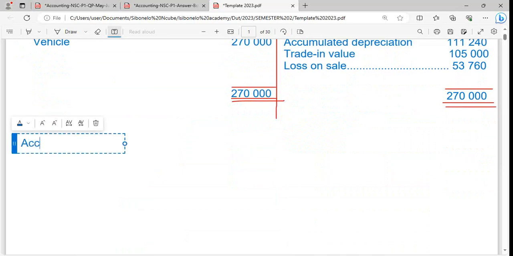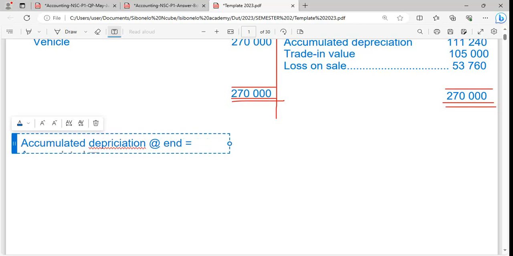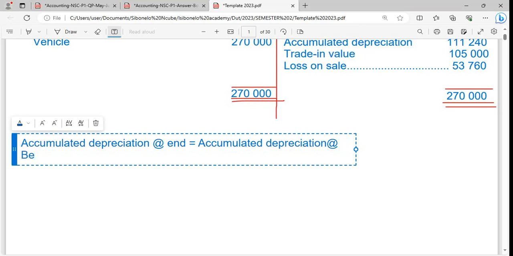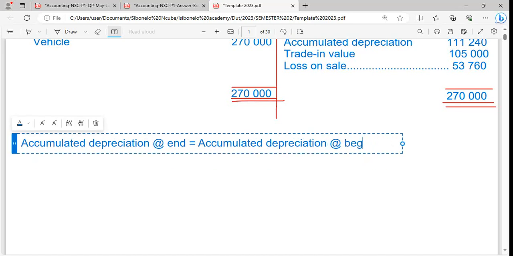If you want to calculate accumulated depreciation at the end, we take accumulated depreciation at the beginning and we add current depreciation.